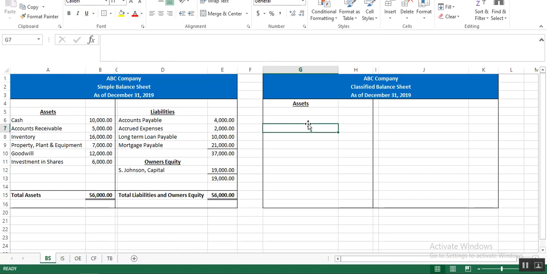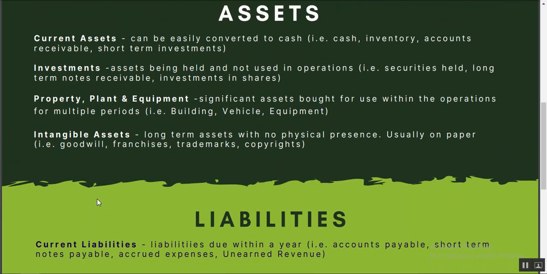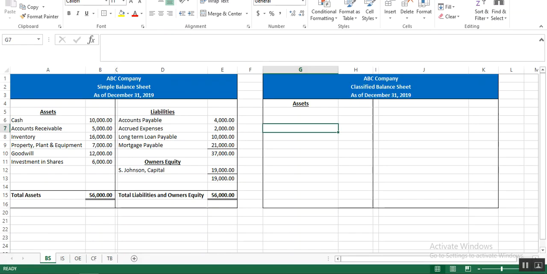So we're starting with our assets, and based on the document that we had, as well as based on the text, the categories of assets we have are current assets, investments, property, plant, equipment, and intangible assets. Current assets, they give us examples of in the book, and they're pretty standard. But these are pretty much assets that can easily be converted into cash.